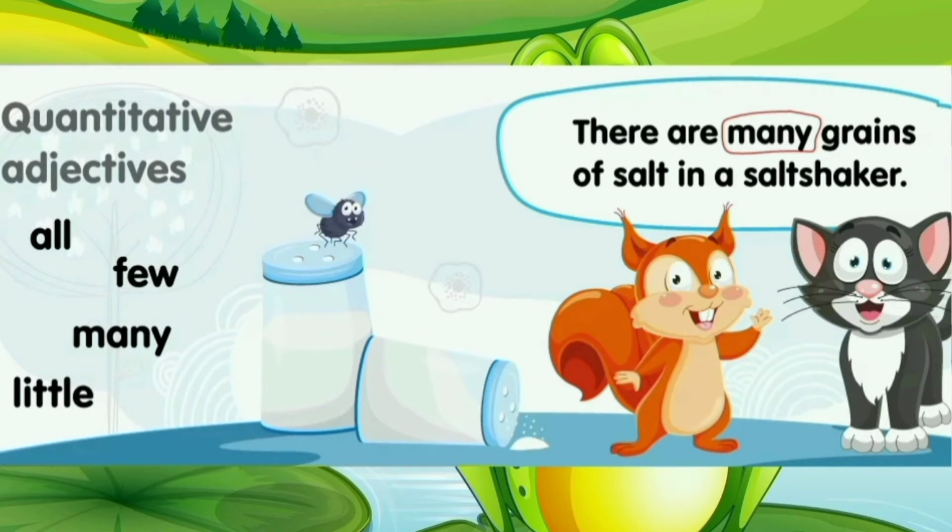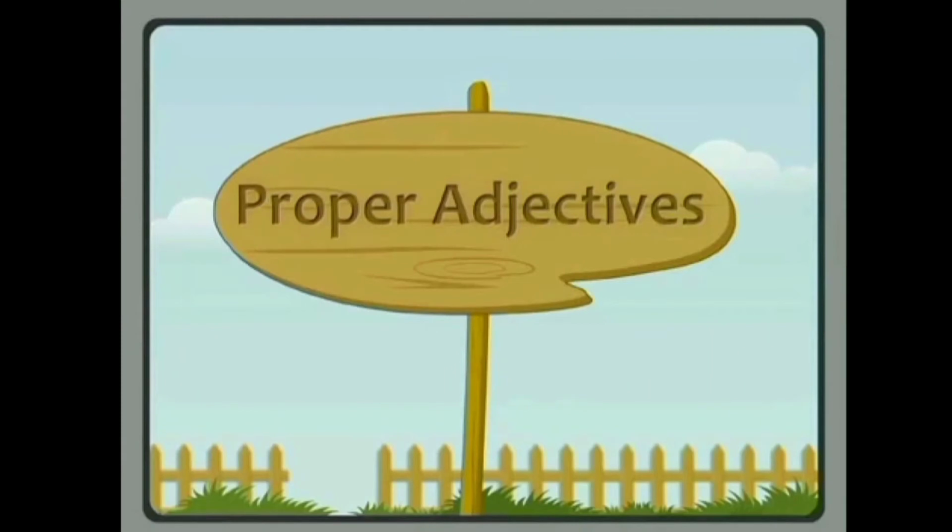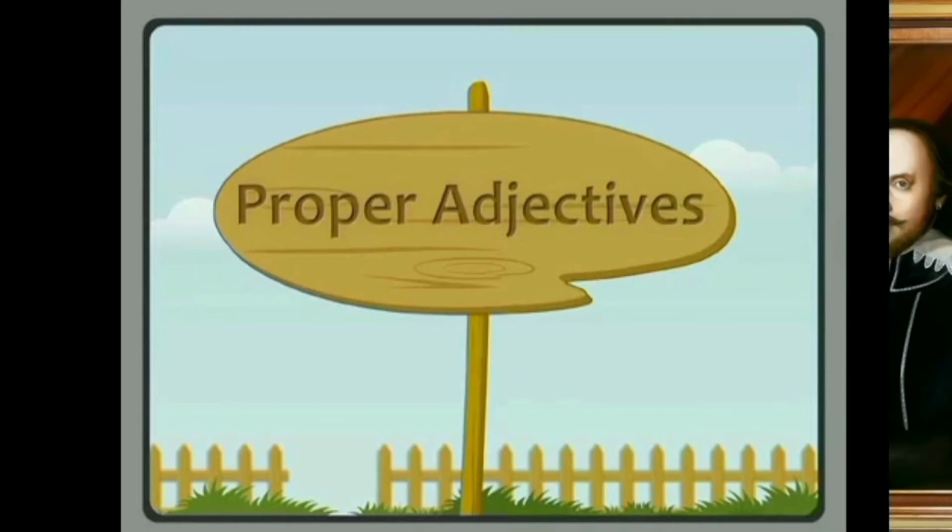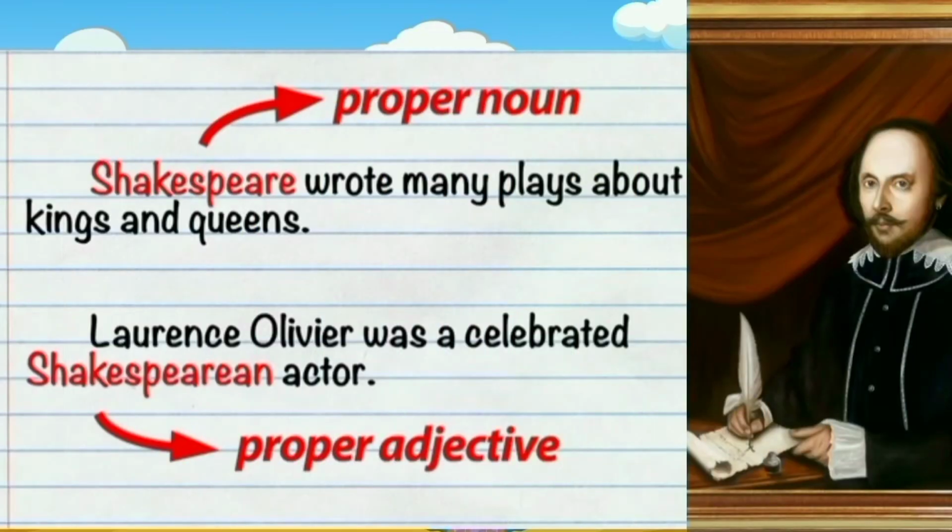Next, we are going to look at proper adjectives. Proper adjectives are adjectives that are derived from proper nouns. For example, from the word Nigeria, we can derive Nigerian as a proper adjective. Consider the sentence, "Shakespeare wrote many plays about kings and queens."